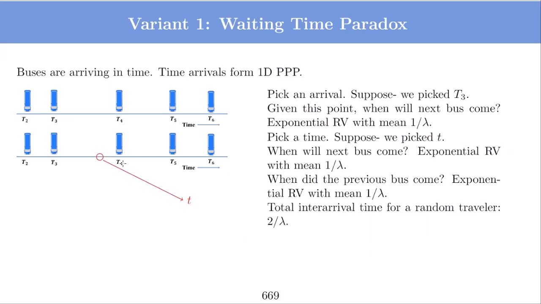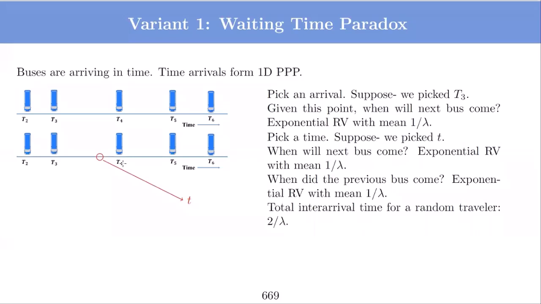Actually, 12 buses are coming per hour, but a random user who goes to the bus stop at a random time will experience only 10 minutes of inter-arrival time. So he would guess that there are only 6 buses coming. So there is a paradox: which one is correct? Why is a randomly picked user seeing a larger inter-arrival time than the reality?